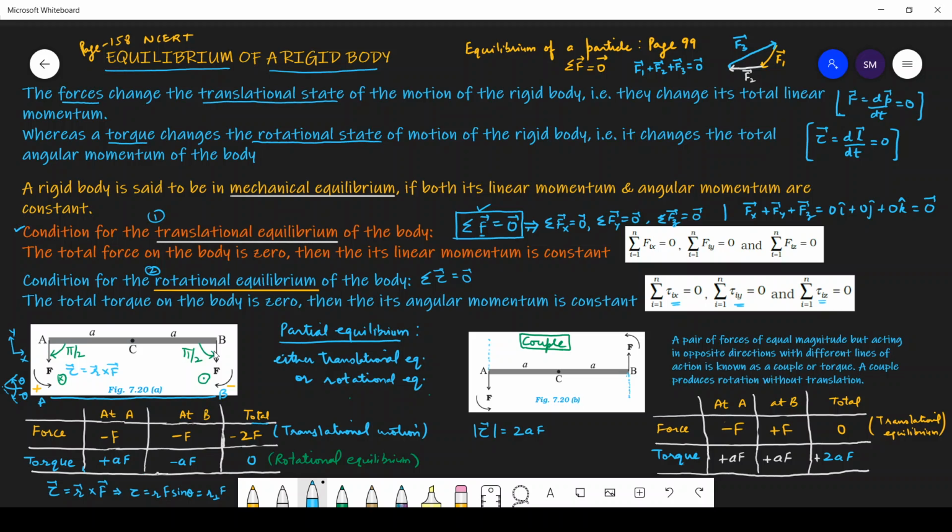So you can write: anti-clockwise moments are taken to be positive, and clockwise moments are taken to be negative.